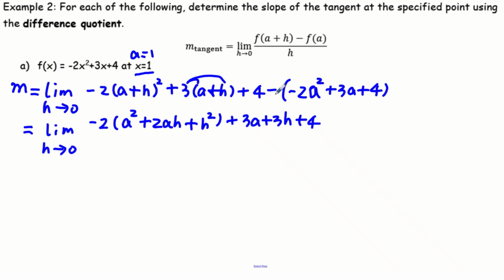Then we are going to expand this bracket. Minus will change all the sign to the opposite inside the bracket. So -1 times -2 is positive 2a squared. Then -1 times 3a, minus 3a. -1 times 4, minus 4.